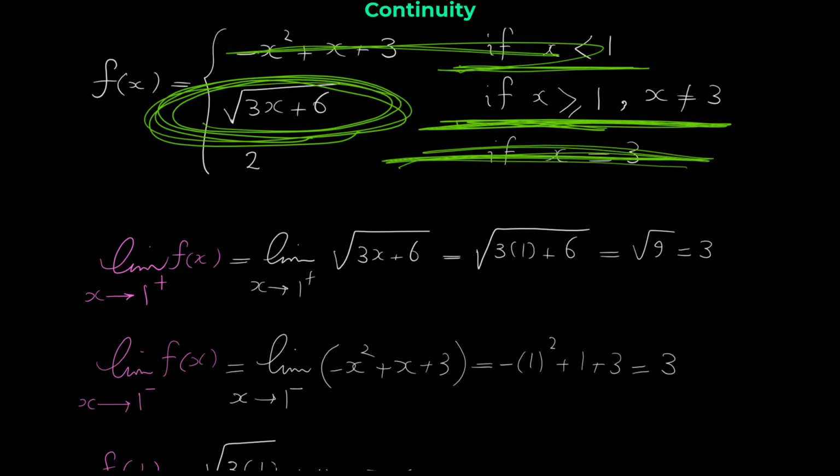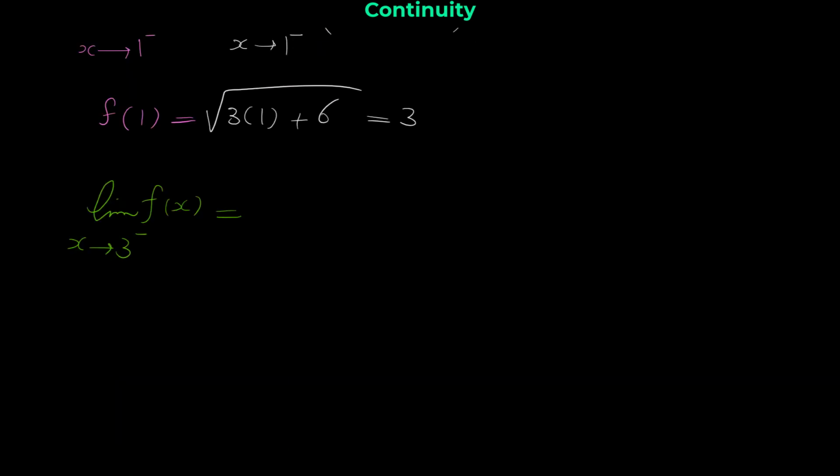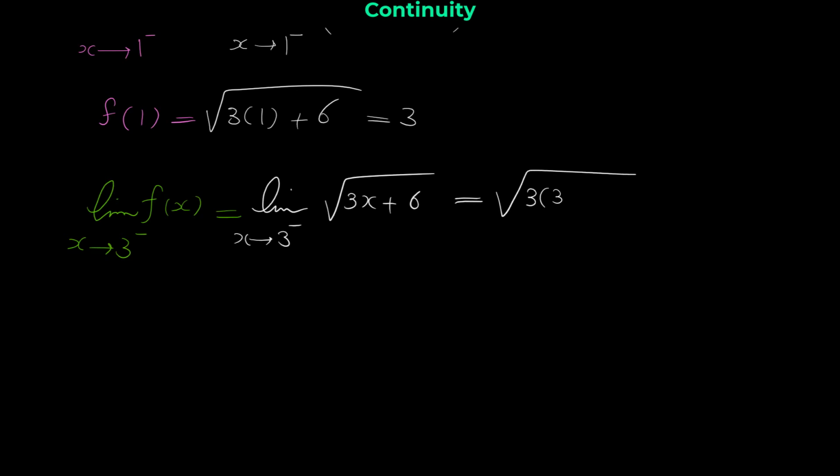So for finding that limit, you use radical 3x plus 6. If you plug in 3 for x, you have radical 3 times 3 plus 6, which is radical 9 plus 6, that is 15. The limit is radical 15.